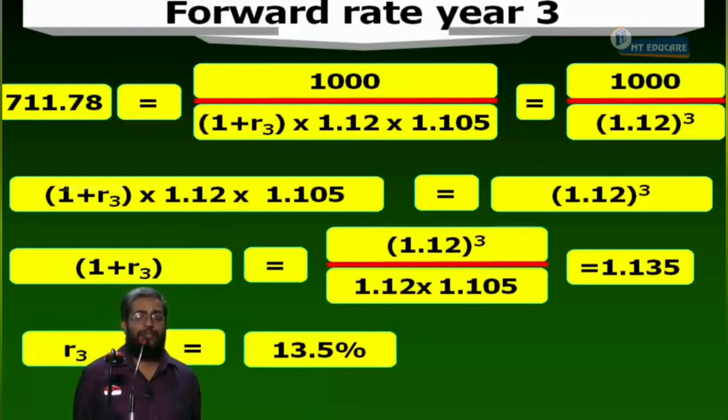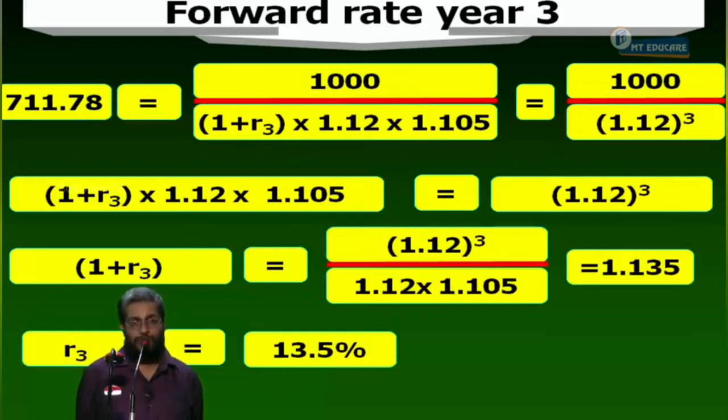For example, generally I am saying, forward rate for year 5 is equal to 5 years into YTM of 5-year bond minus, can I fill in the blanks?